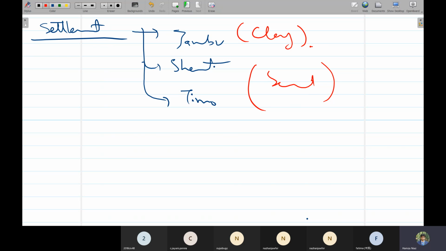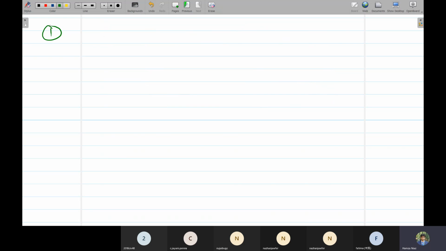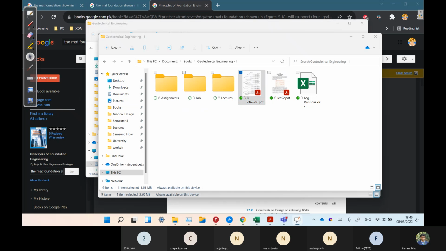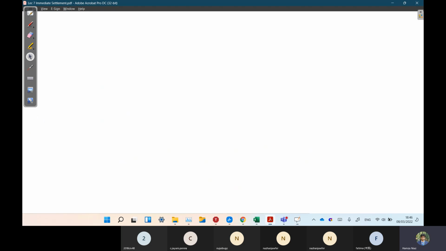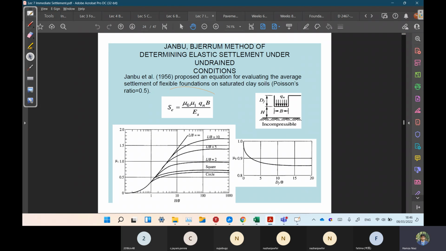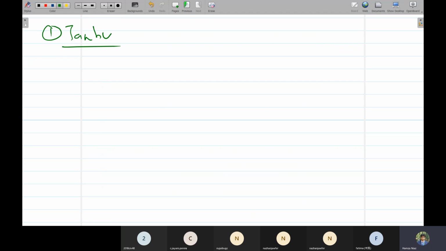The methods are simple actually. For example, for Janbu, the formula is S_c, the rigid or elastic settlement, equals mu naught mu1 Qn B over Es.